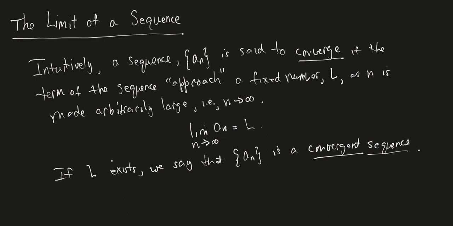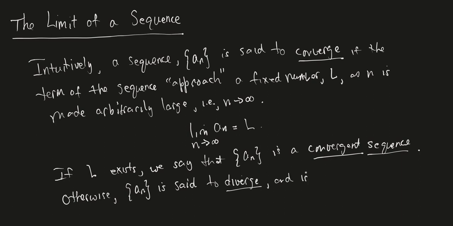Otherwise, if we don't have an L, a sub n is said to diverge, and is called a divergent sequence, right?